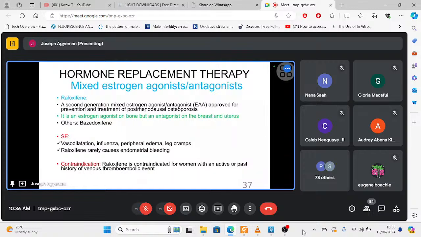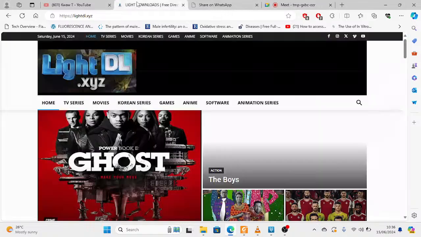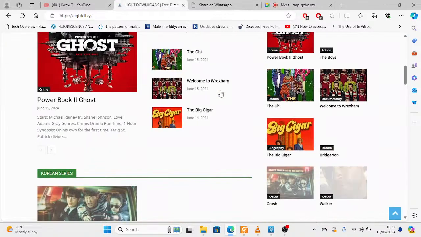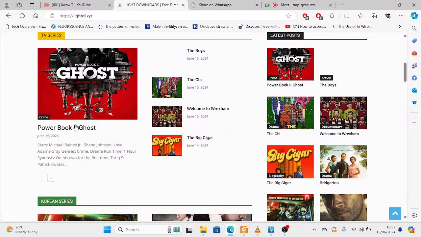Because in bones, if we are having estrogenic effects, it is positive. We don't get bone resorption. But if it was one of those agents that can activate estrogen receptors on breast and uterus, then that would possibly give us breast cancer or uterine cancer. So you don't want an agent that stimulates estrogen receptors everywhere.